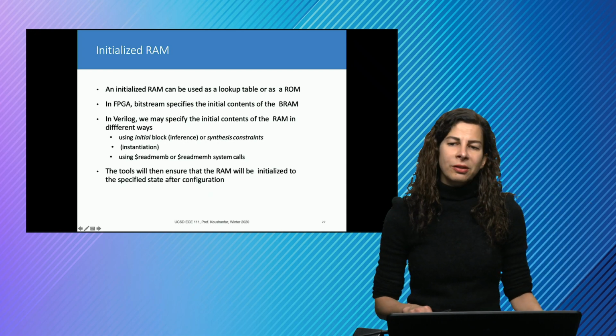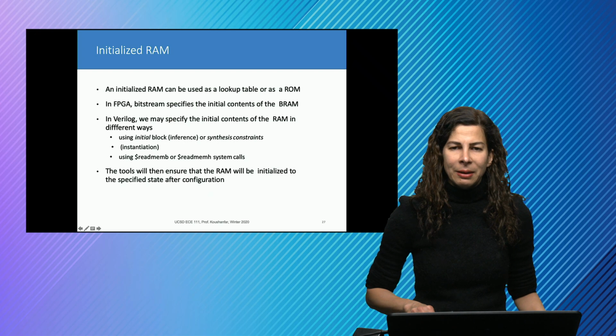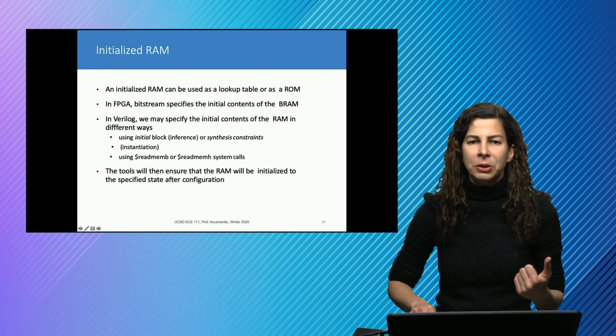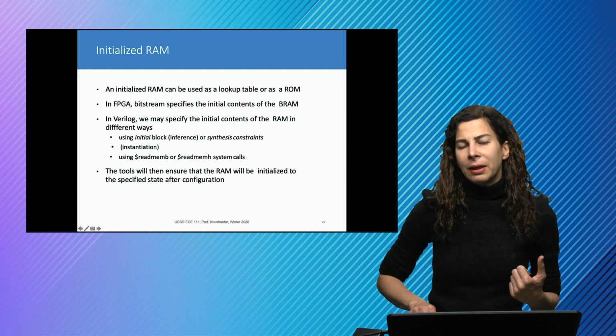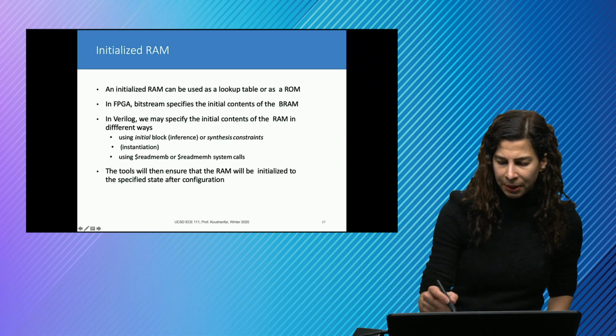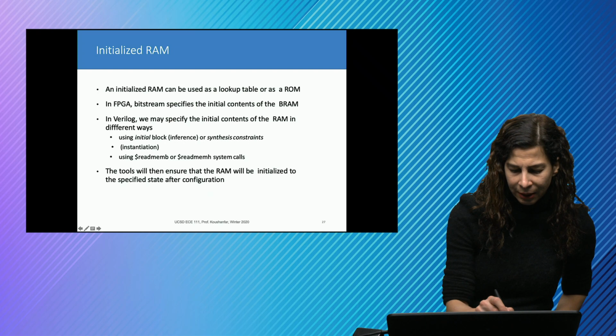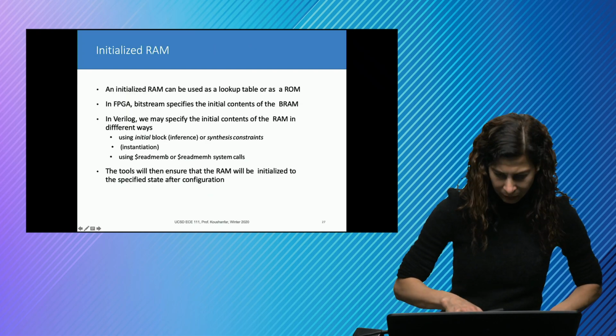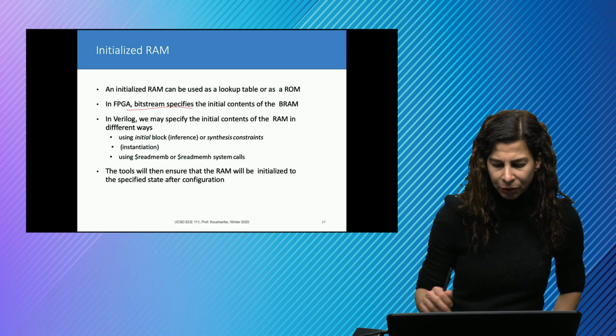So you could use the initialized RAM as BRAM, as a lookup table or as a read-only memory, and the initial contents of the BRAM are just specified by the bit stream.